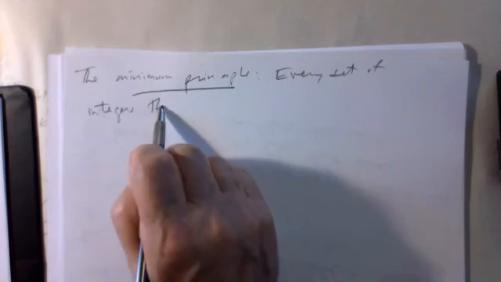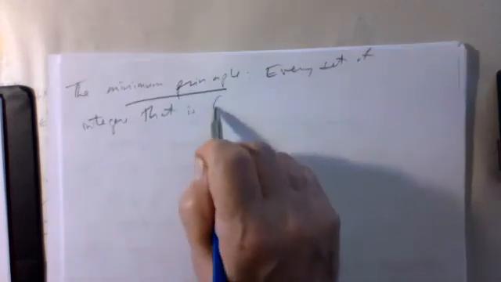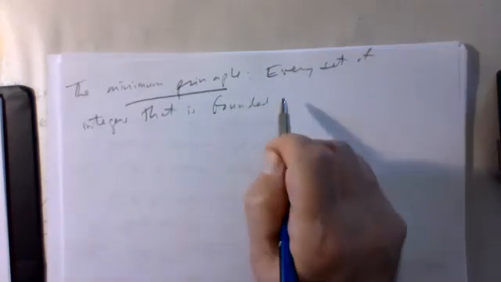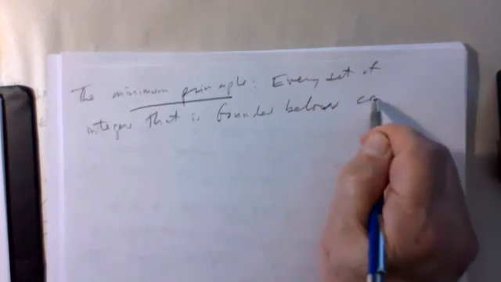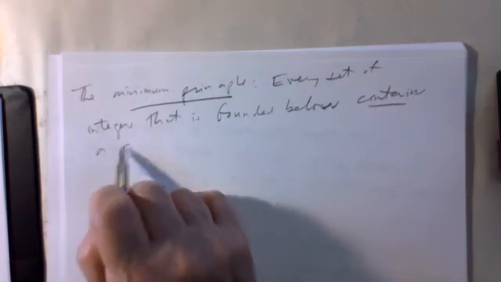The minimum principle says that every set of integers that is bounded below contains a smallest element.